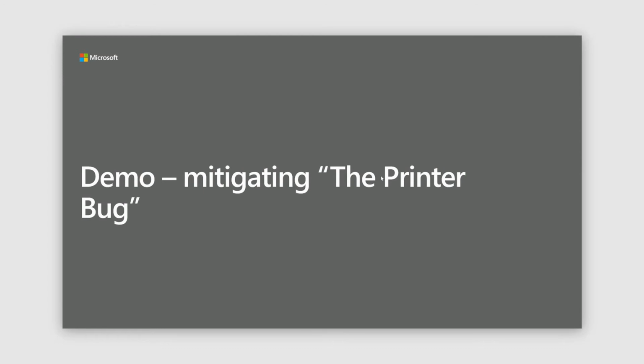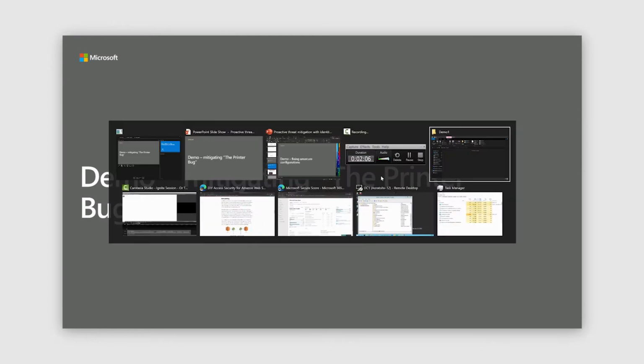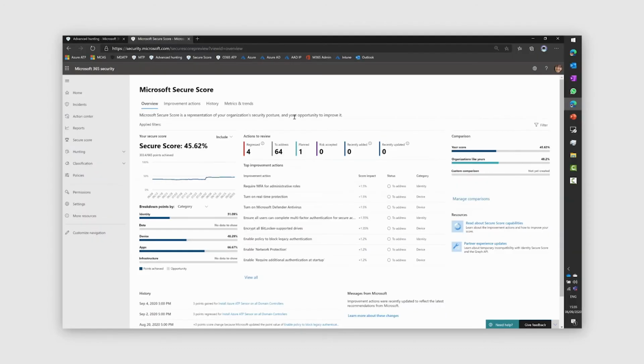And for that, I'm going to switch into my Microsoft Secure Score solution, which is coming from the security.microsoft.com portal under Secure Score. In here, I can view all of my Secure Score information, including improvement actions, including scores broken down into identity, data, device, apps, infrastructure.